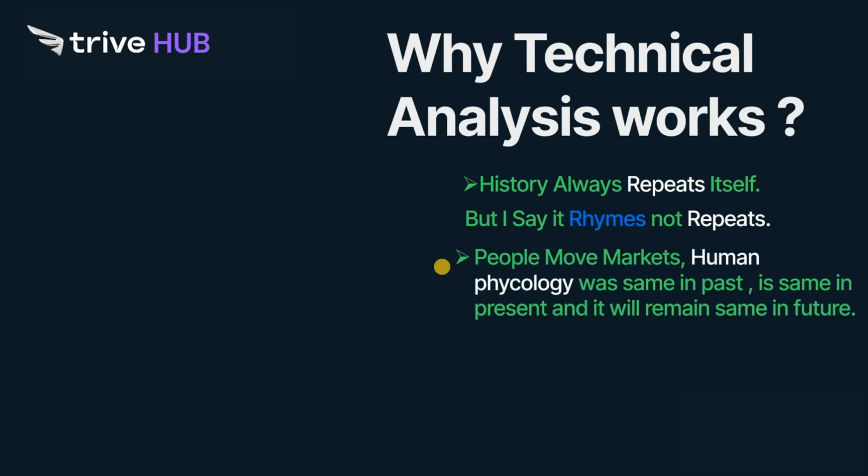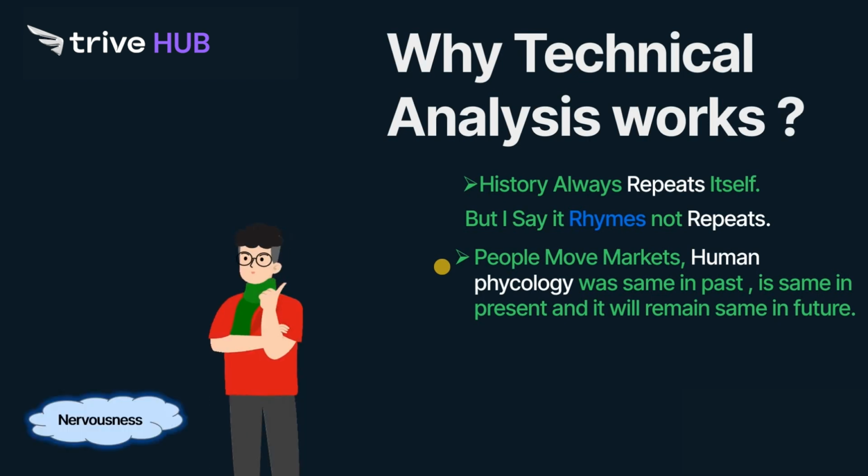All traders are transacting, and the buying and selling done by people like us is based on human psychology, and that psychology was the same in the past, is the same in the present, and will remain the same in the future also. How? Let's see what are those emotional factors that affect a trader and make him buy or sell.